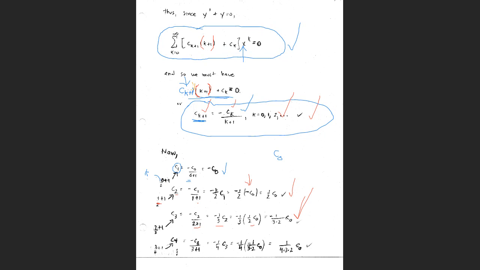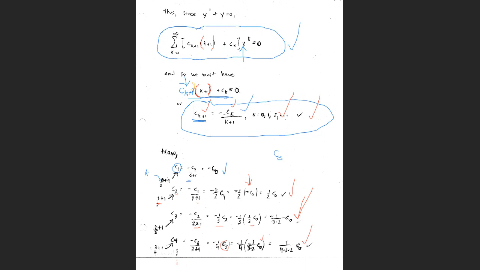And I'll do one more here. We can keep going, but we have enough terms. c sub 4 will equal negative c3 over 4. But c sub 3, we know, equals negative 1/6 times c sub 0. And so c sub 4 is 1 over 24 times c sub 0.